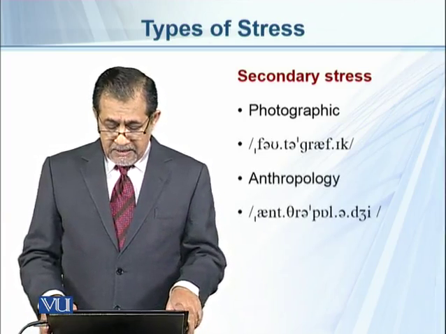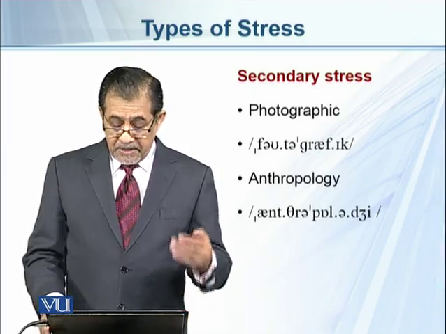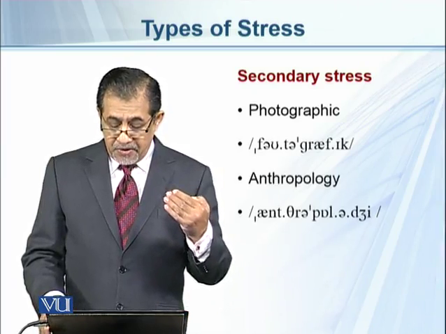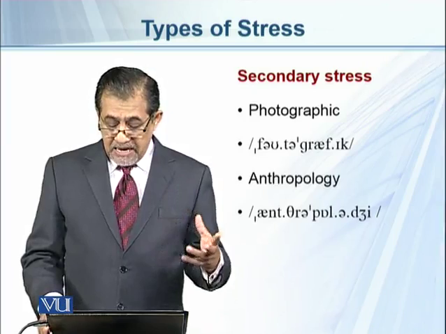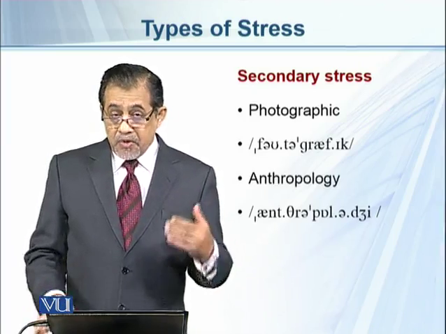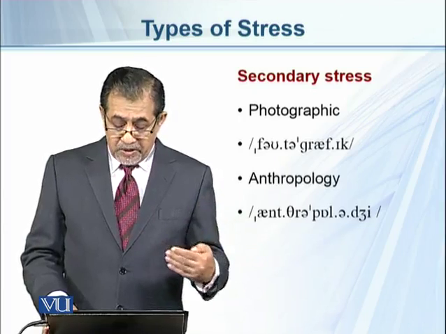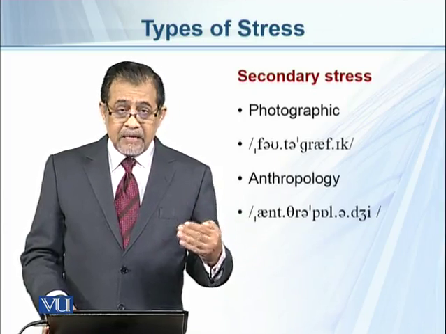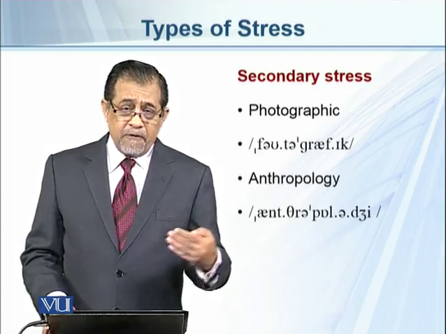Similarly, we can take another example, anthropology. We have the primary stress on the syllable pol, right? But in addition, there is another syllable, the first syllable, which has more force.